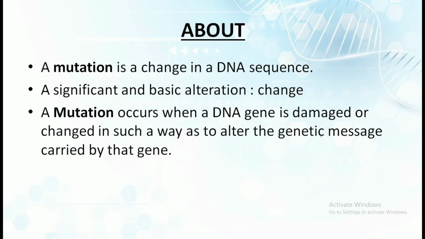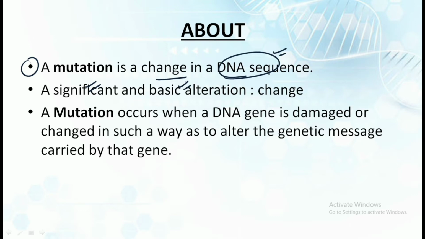So, what is a mutation all about? A mutation in simple words could be called a change in the DNA sequence, a basic alteration, not a major alteration like the one we studied in DNA recombination.